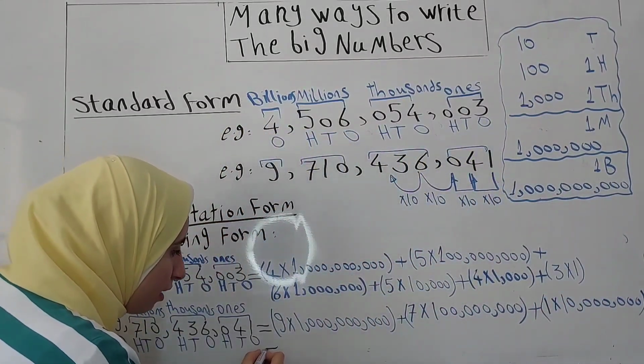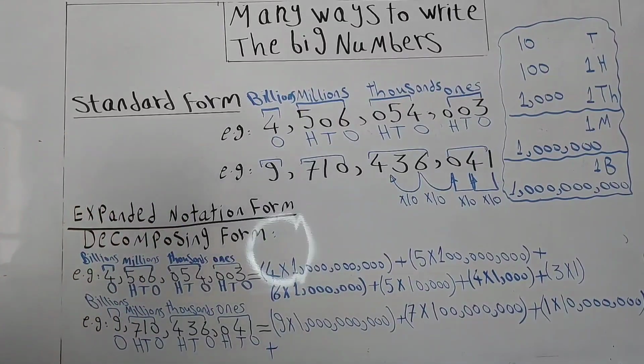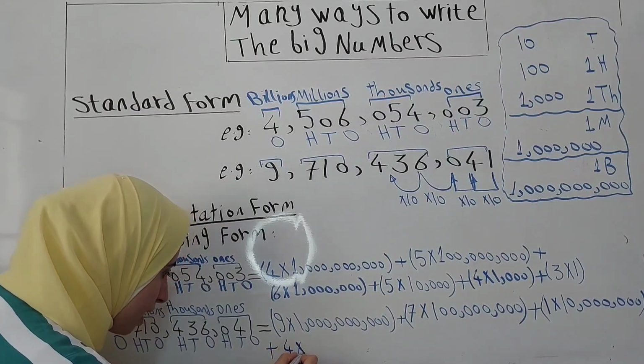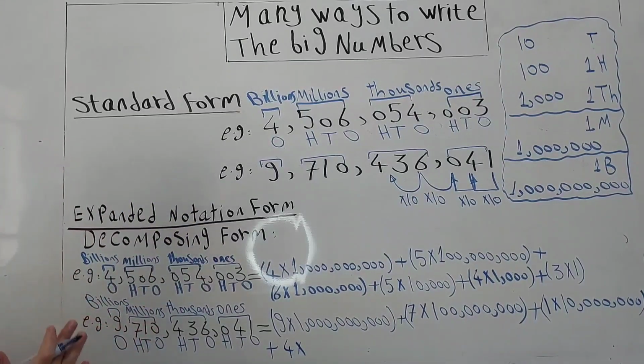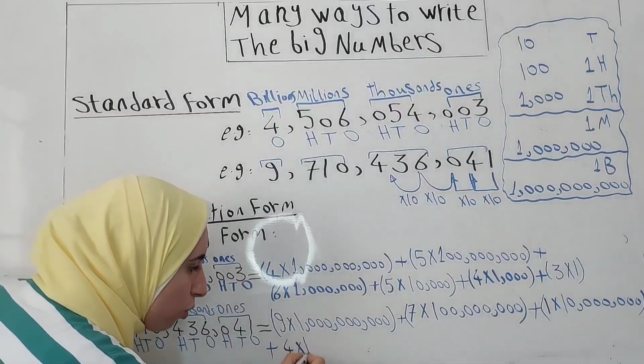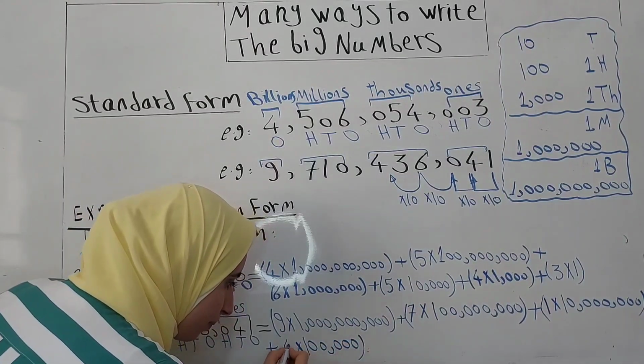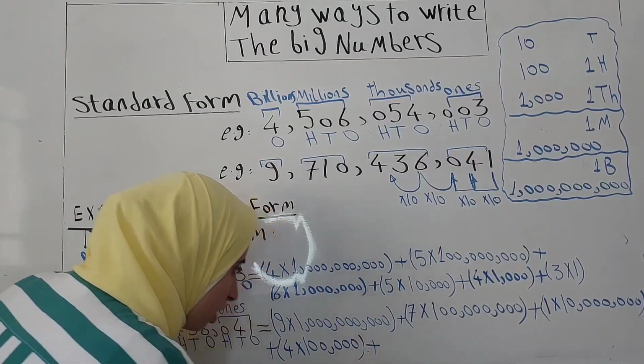Between brackets, then we write a plus sign. Then the next digit is 0. We don't write anything. The next digit is 4. 4 is in the 100,000 place, so we multiply by 100, then 3 zeros, 4,000. Between brackets, then we write plus.